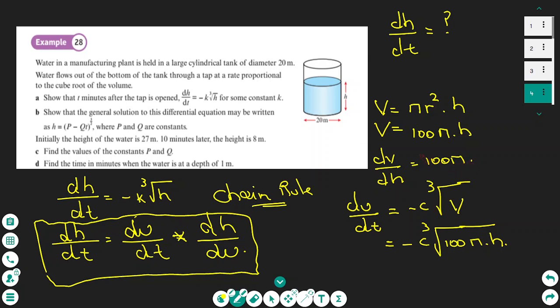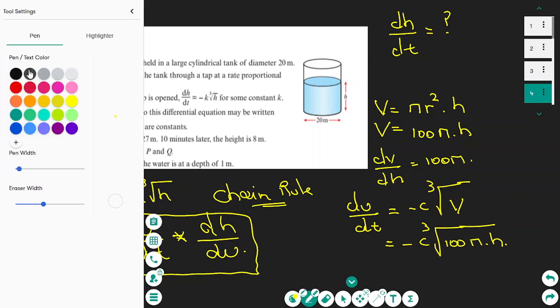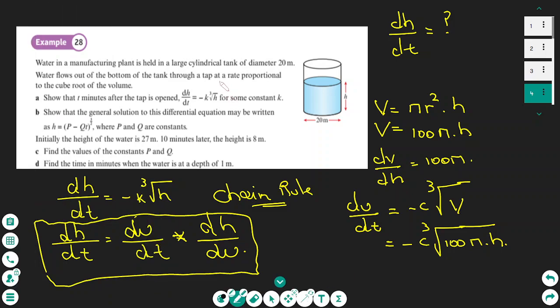And let's see another piece of information that you have in the exercise. It says that the water flows out of the bottom, which is the volume, at a rate proportional to the cube root of the volume. Now this information allows you to write the dv over dt, because they say it is a rate proportional to the cube root of the volume.